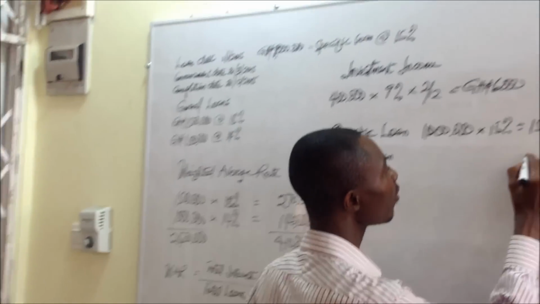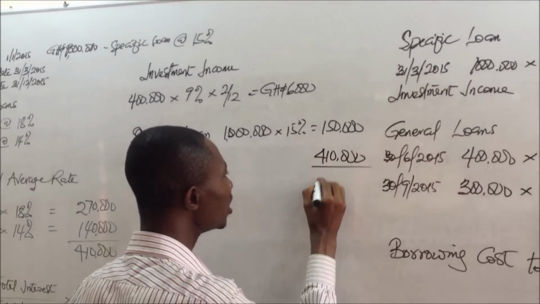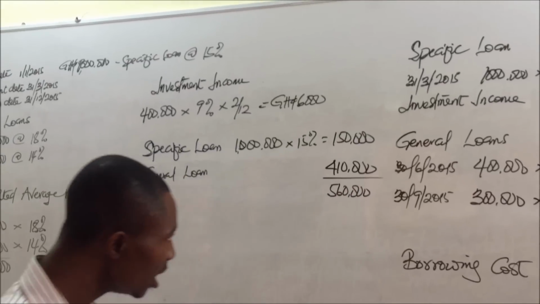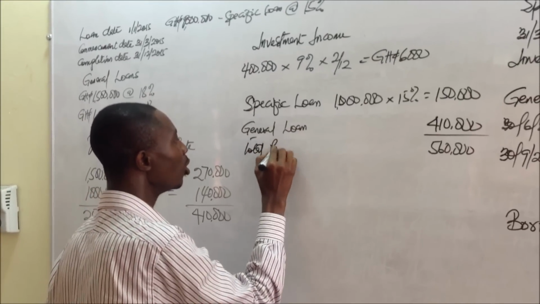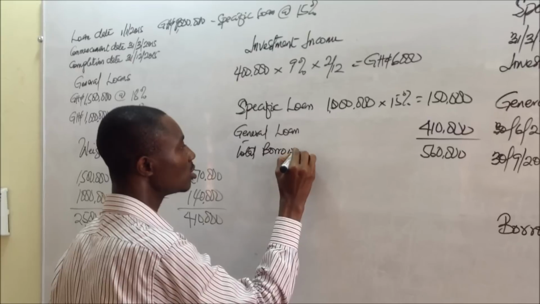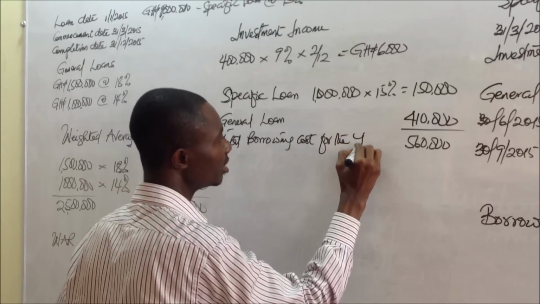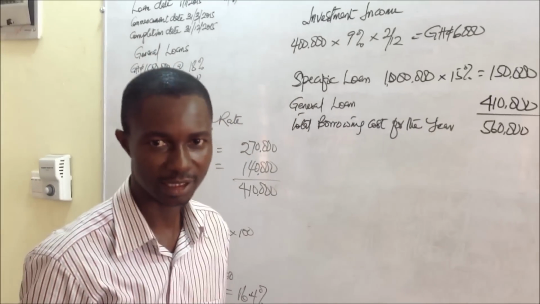So I just bring my 410 here and sum the two, which will give me 560. Now 560 is total borrowing cost for the year. So for the whole 12 months, our borrowing cost is 560.